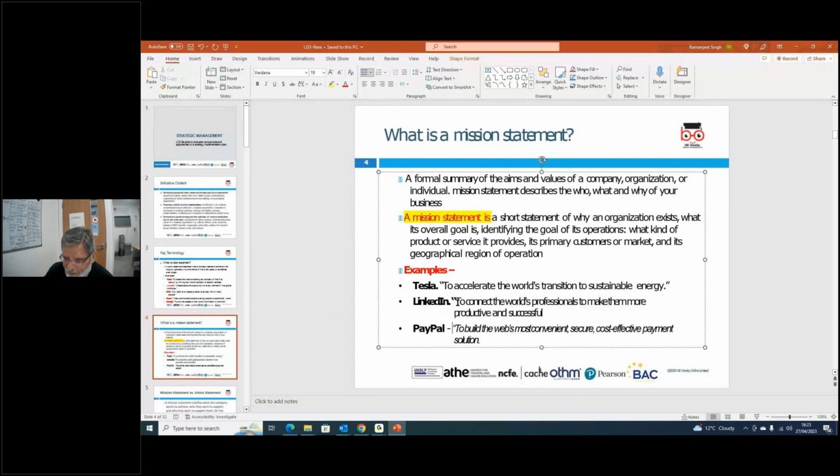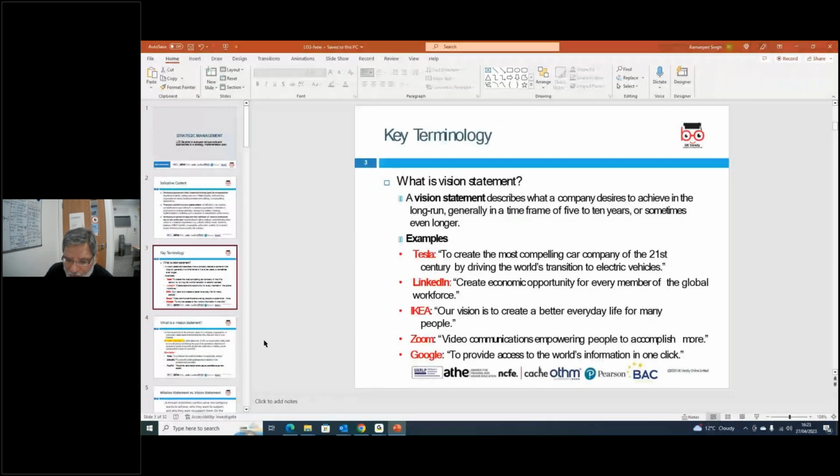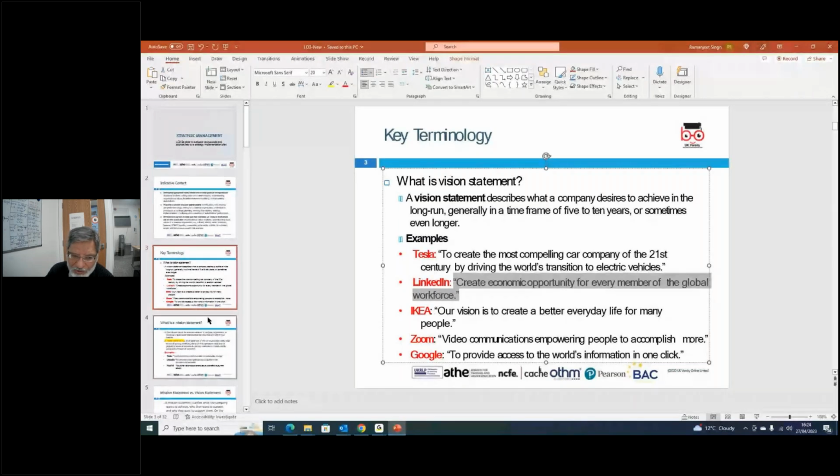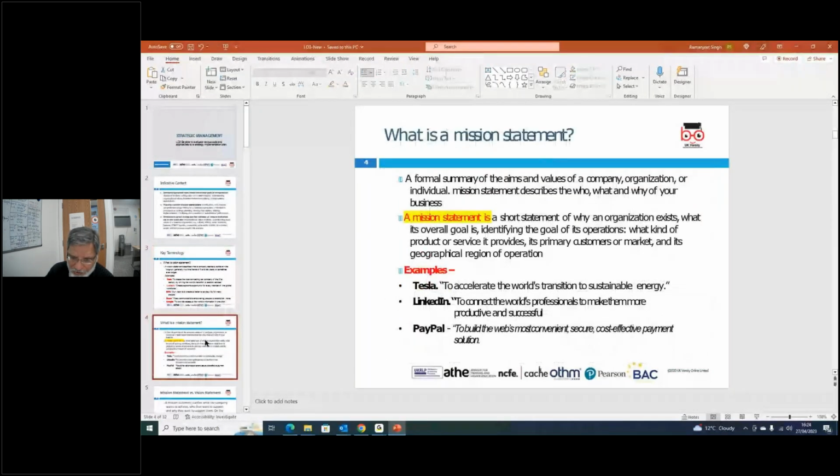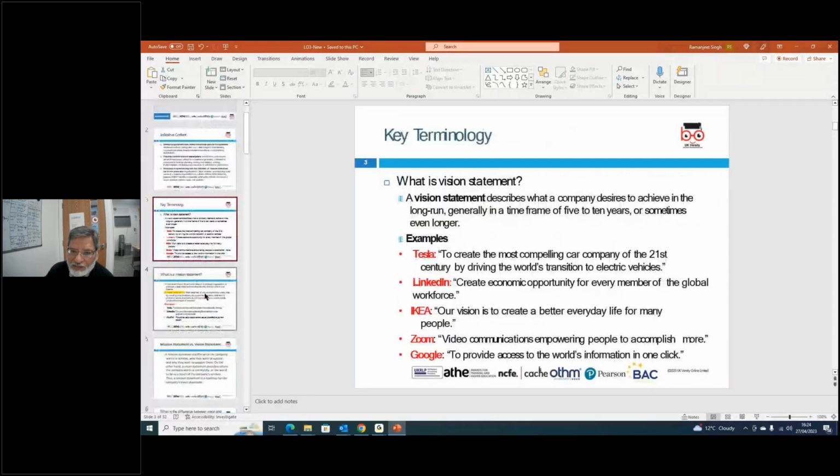So you see the distinction between the mission and the vision statement. Vision is a broad statement, mission is a bit more succinct, a bit more precise.